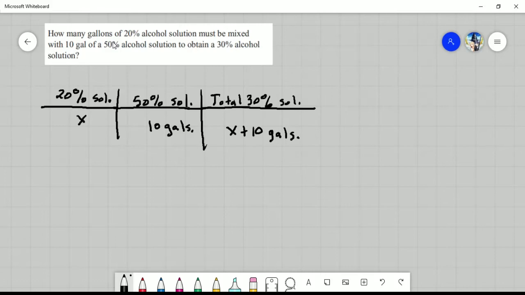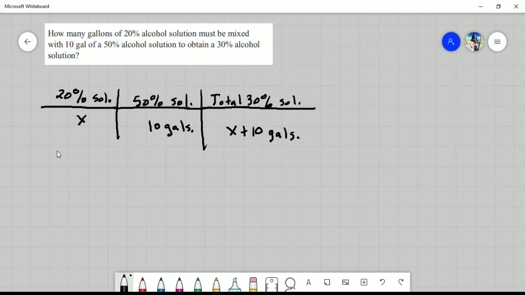Same thing here when it asks how many gallons of 20% solution, 10 gallons of 50% solution. This term, of, is representing a multiplication. So what we will be doing between the percent solution of the alcohol and the amount of gallons that it is total will be multiplication between the two.